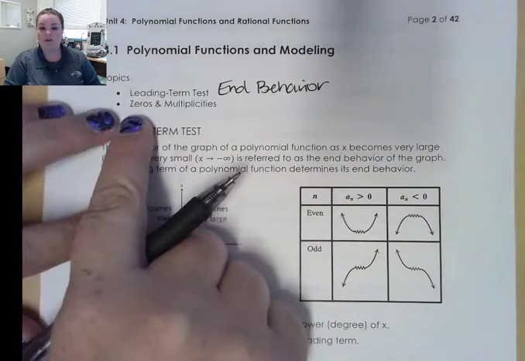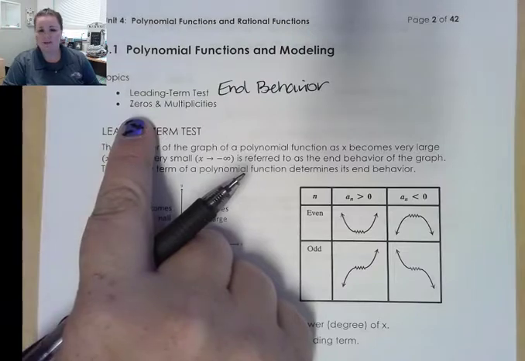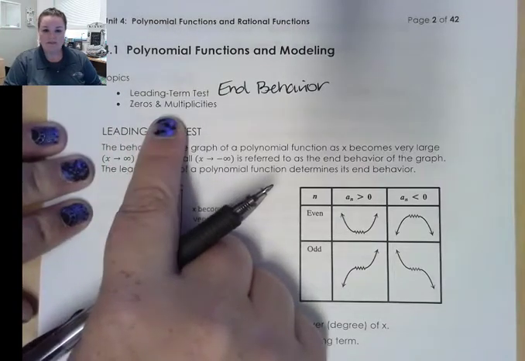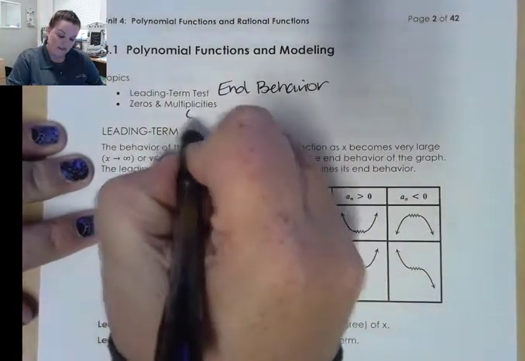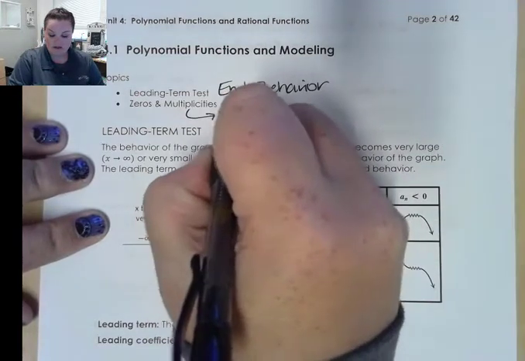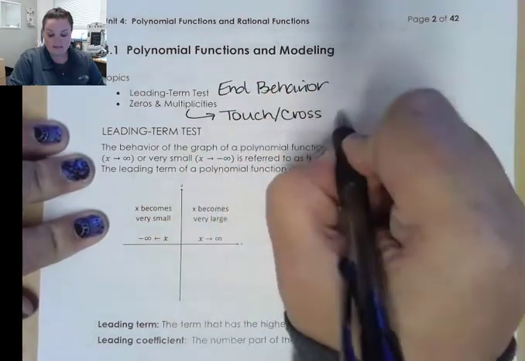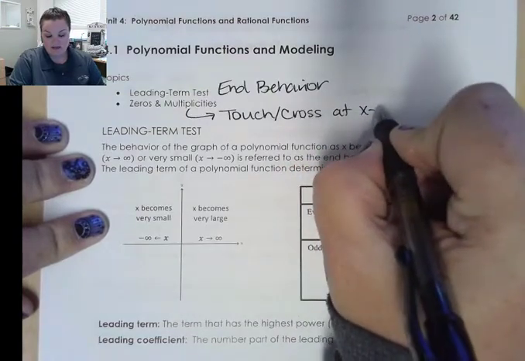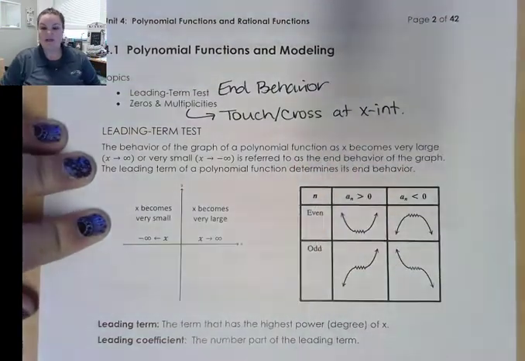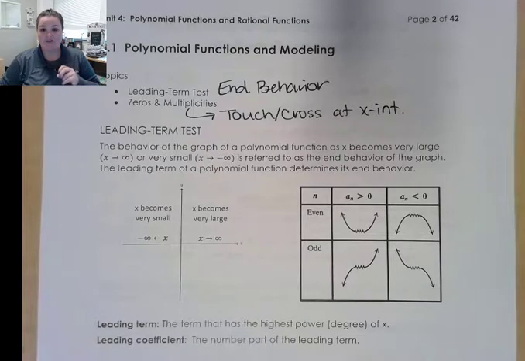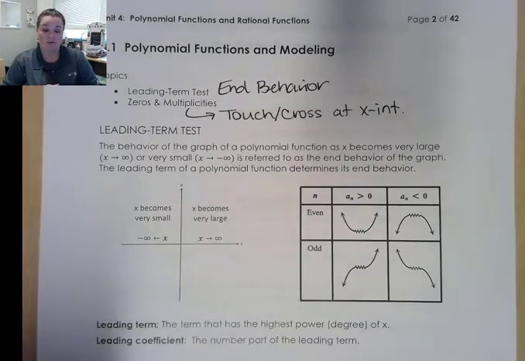And then we're also going to look at how to find the zeros, which we already know how to factor and find zeros, but specifically their multiplicities, because multiplicities are going to tell us whether or not the graph touches or crosses at those specific x-intercepts. Okay, so those are the two things we're going to look at in section 4.1, and then we'll look at the rest of the steps and actually putting it all together and graphing it in the next section, 4.2.